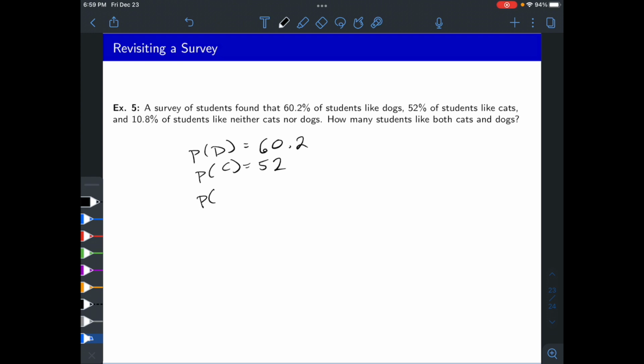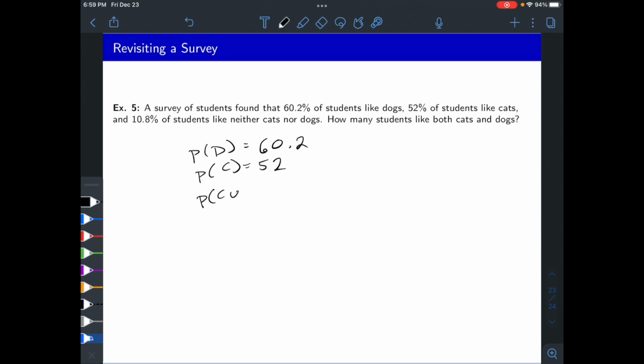Well, if that's how many students like neither cats nor dogs, then what's left over out of the total 100% would be the percentage of students that like at least one of cats or dogs.